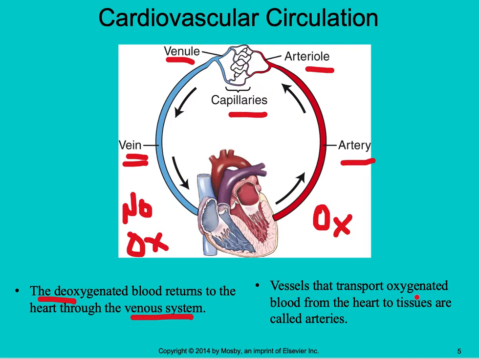Vessels that transport oxygenated blood from the heart to tissues are called arteries. So arteries are oxygenated, and deoxygenated is veins.